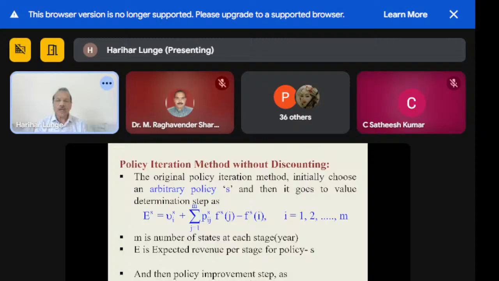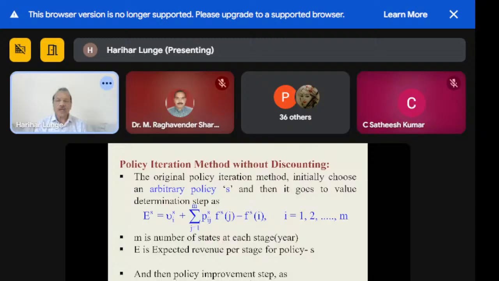Otherwise, set S equal to T and return to the value determination step. So in the original policy iteration method without discounting, only two steps are main, value determination and policy improvement, and the very first step of the algorithm is to select the policy arbitrarily.